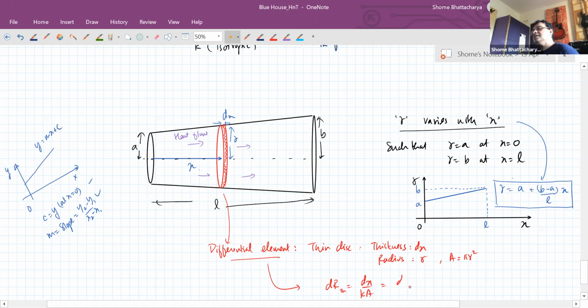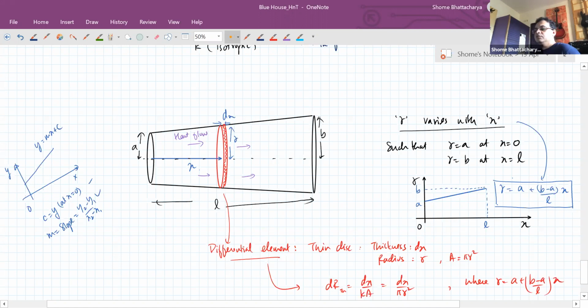So that is dx upon pi r square, where the relationship between r and x is r is equal to a plus (b minus a) by l into x.